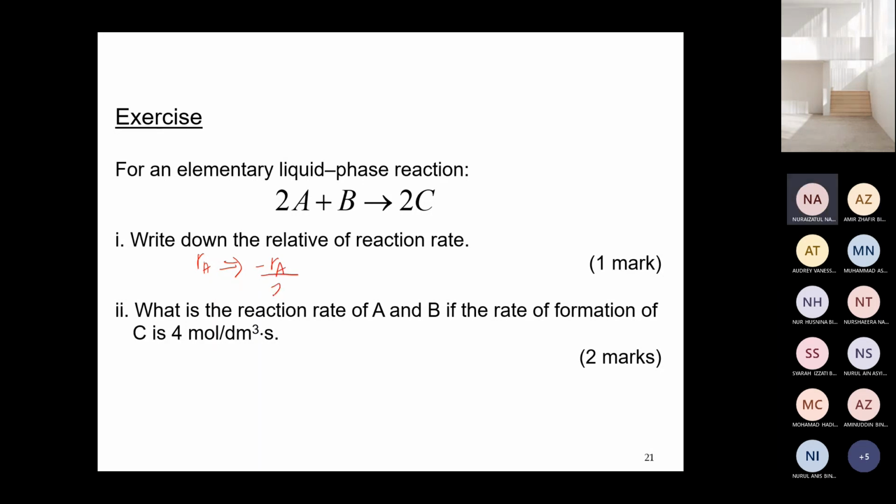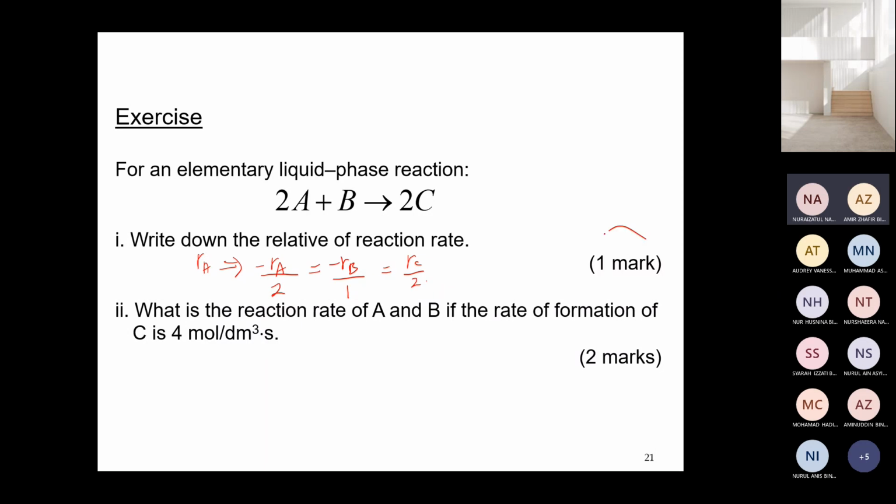By 2. And then we have another one, which is B. Should B be negative or positive? Negative. Yes, negative RB equals divided by 1. And C, is it positive or negative? Positive, and then divided by 2. Okay, so this is how you write down the reaction rate.